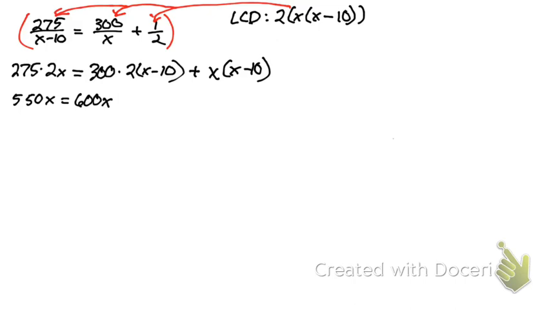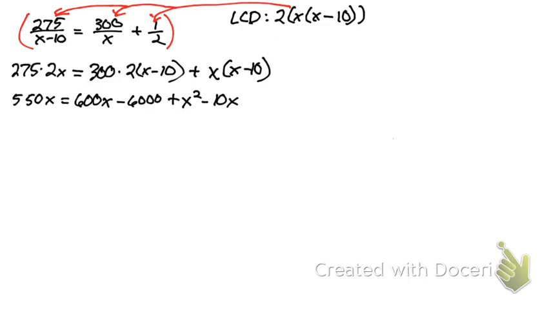Then we have 300 times 2 times that negative 10, so we're going to have negative 6,000. Then we're going to have plus x squared minus 10x.